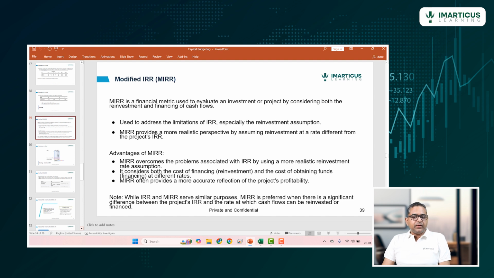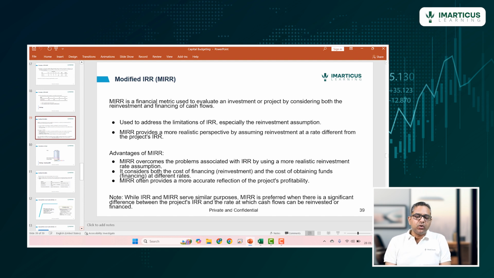So what we said was that the assumption of IRR, that all the interim cash flows will be reinvested at IRR, is not realistic, is not practical. That may not be practically possible.